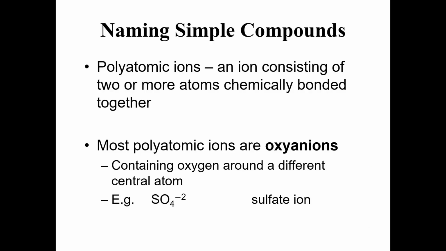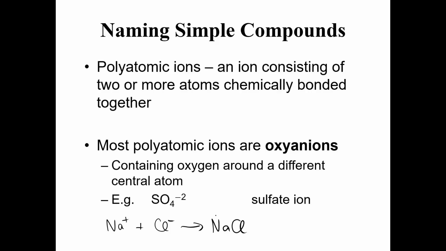Okay, so now we're going to put it all together into an ionic compound. And before we do that, we have to look at polyatomic ions, right? An ionic compound is a metal, like sodium, that can combine with an anion, such as chloride, to form sodium chloride.